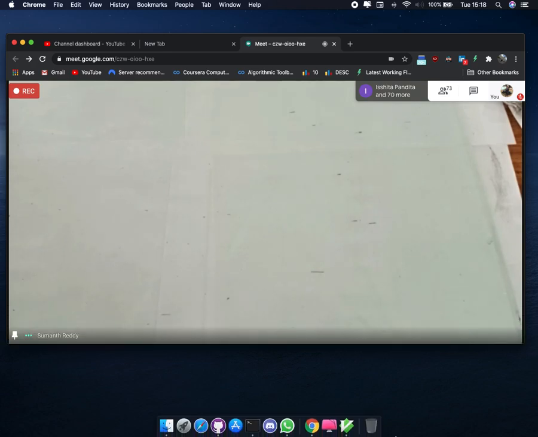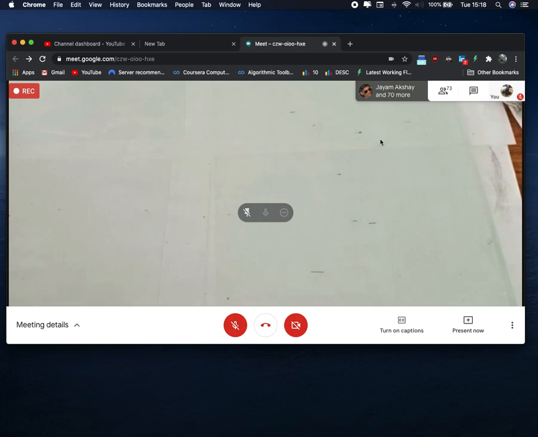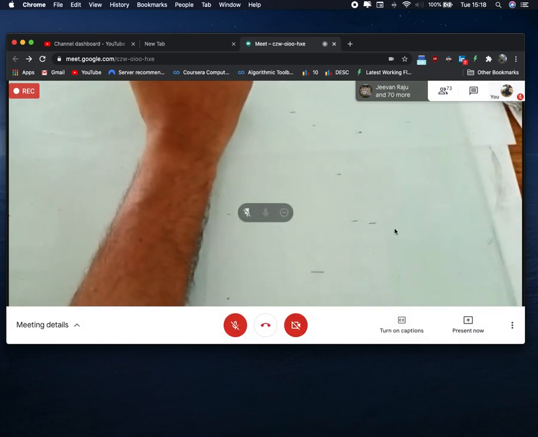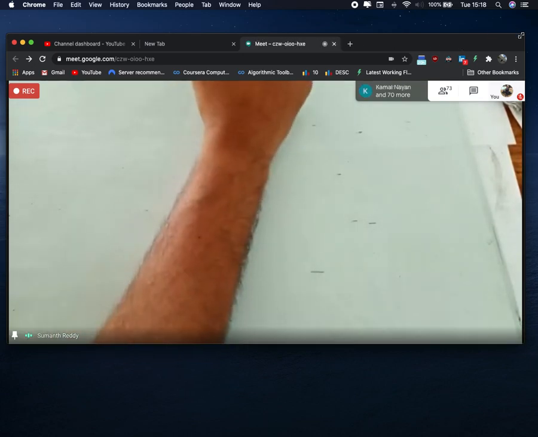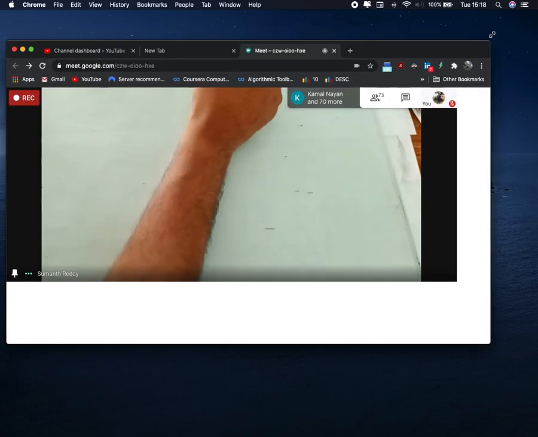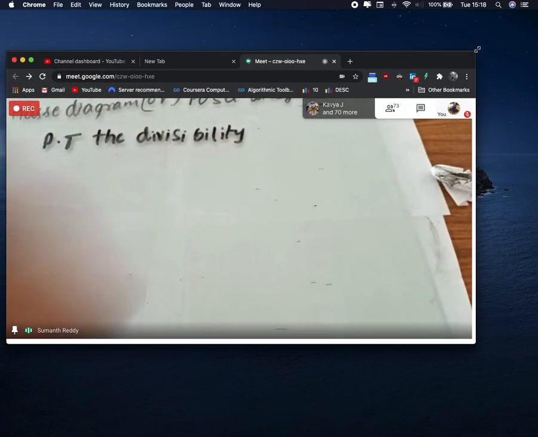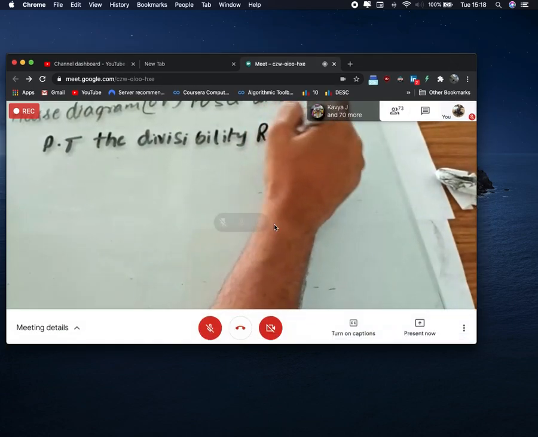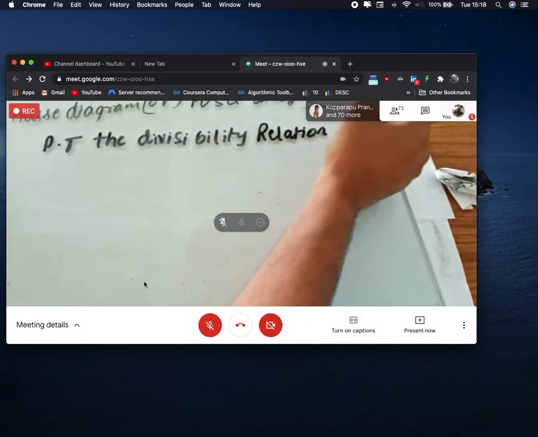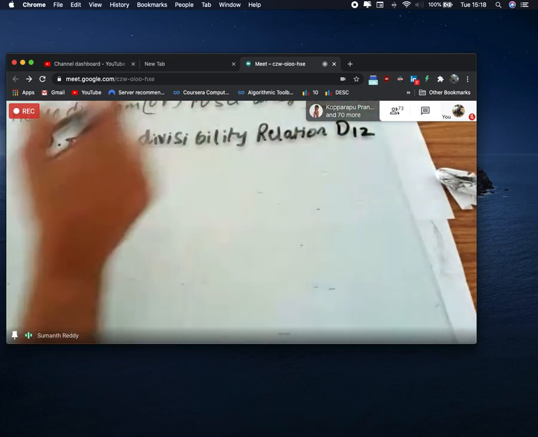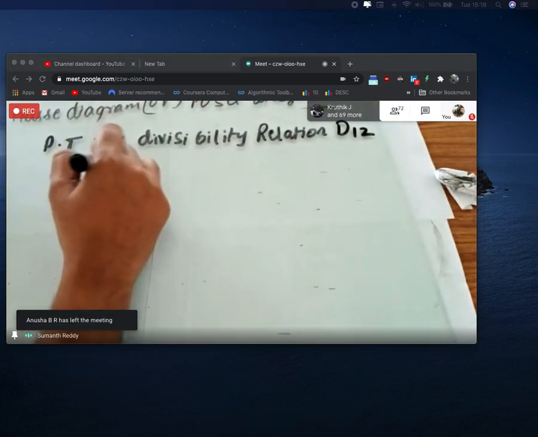Okay, students. Now I'll give one simple example. Prove that the divisibility relation D12 is a poset.